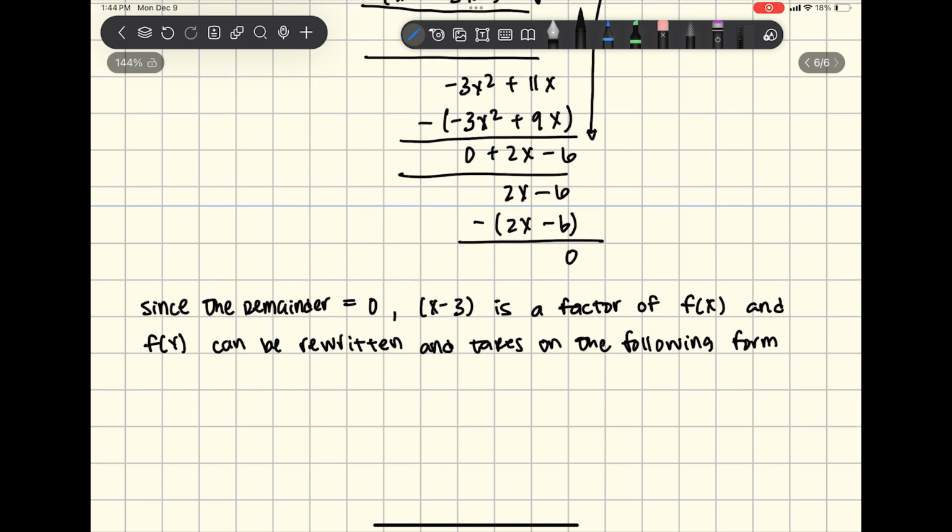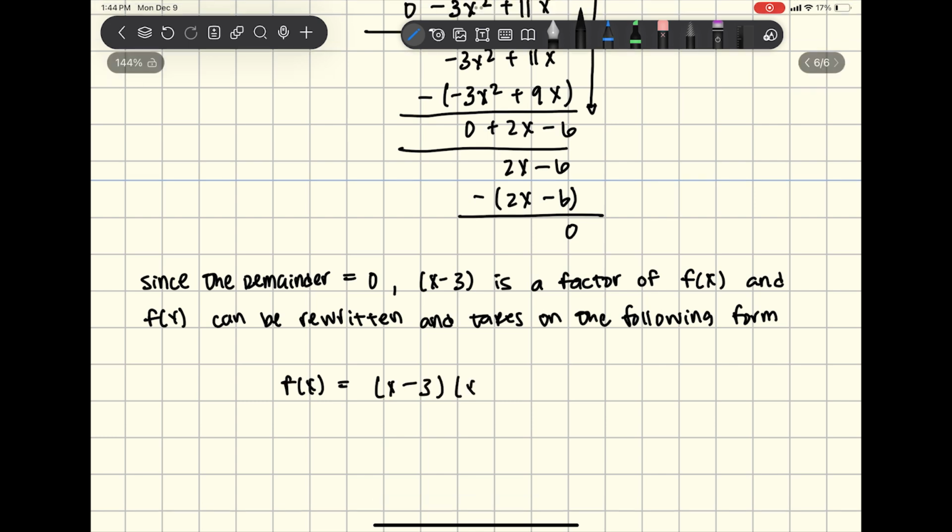Since the remainder was equal to 0, by the remainder property, x minus 3 is a factor of f of x, and f of x can be rewritten and takes on the following form. F of x is equal to x minus 3 times x squared minus 3x plus 2.